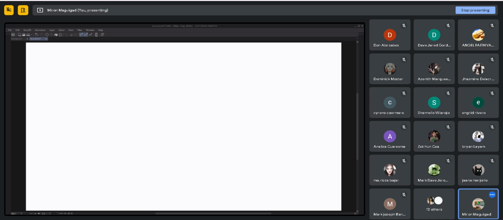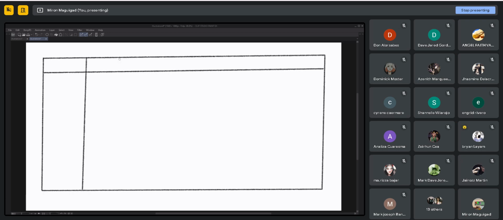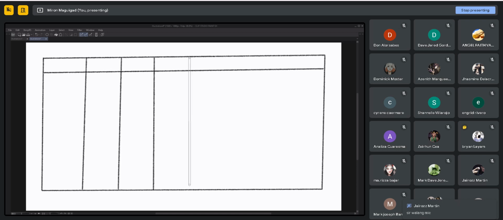Let us have a sample of how we get the atomic number, mass number, number of protons, electrons, and neutrons. Let's have a box here. Gawa lang ako ng box saglit. Yes po, walang mic.